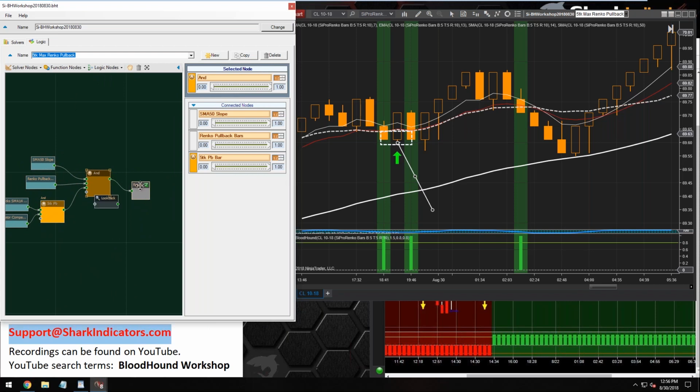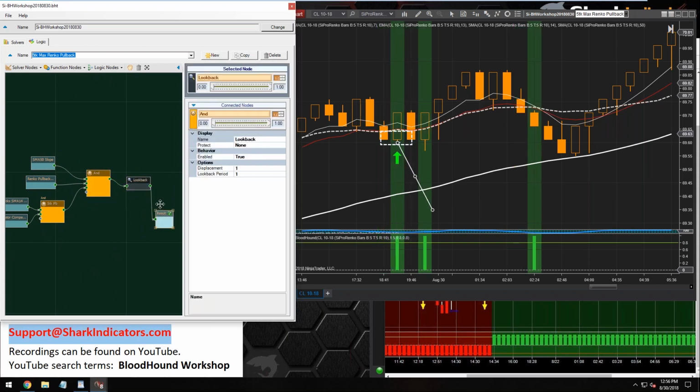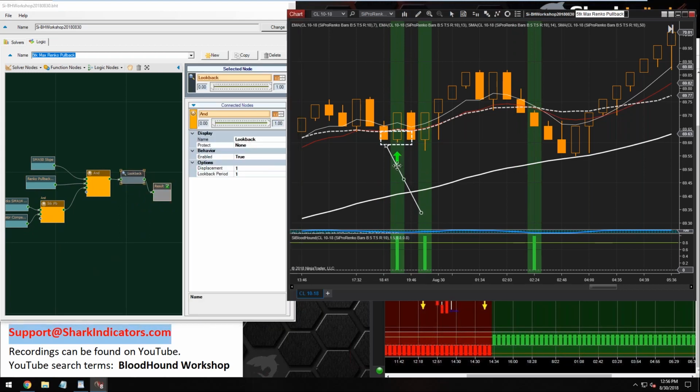So let's see. We're going to grab a look back node. And this look back, as we can see in the chart, took the pullback signal and moved it forward 1 bar, so that we now have the pullback on the reversal bar as well.